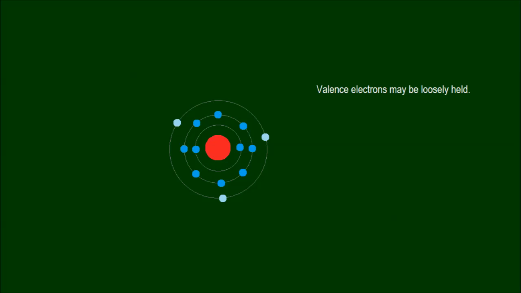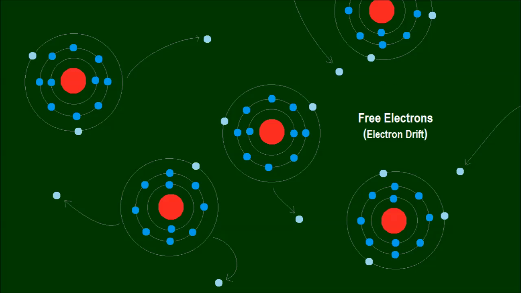Lastly, it's important to note that some of the electrons in the outer bands can be what's termed loosely held, which means that they can drift away from their host atom and move on to another atom. These are referred to as free electrons, and the atoms are referred to as ions. And this effect is called electron drift. It's important to note that there's no real direction to electron drift.